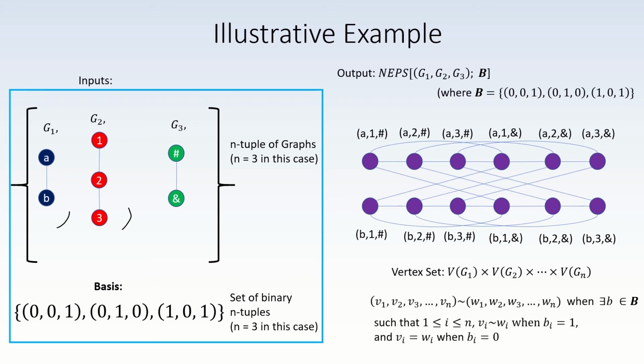Generally, two vertices in the output graph, each represented by an ordered list of vertices from the input graphs, are adjacent in the output graph when we can find some binary tuple, little b, in our basis, uppercase B, such that for each index between 1 and n, v sub i is adjacent to w sub i when the ith element in little b is 1, and v sub i is the same vertex as w sub i when the ith element in little b is 0. Keep in mind that v sub i and w sub i come from the input graph G sub i.